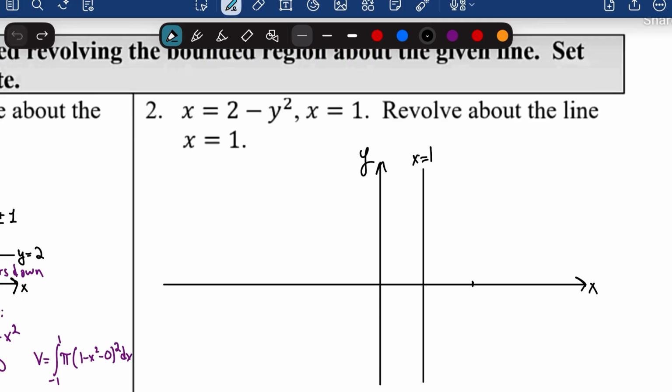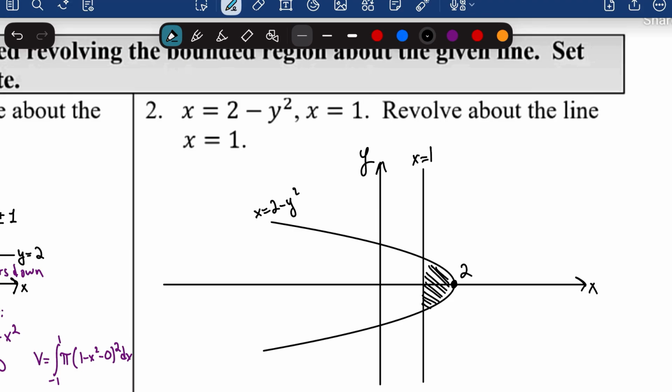Let's say that this is 2. So this is x equals 2 minus y squared. So the solid is right over here.